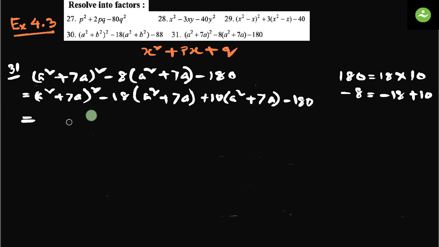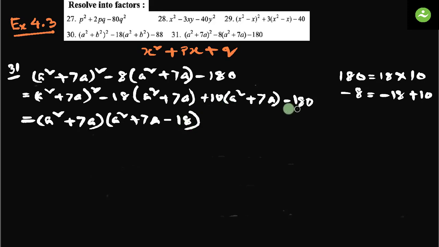What we can take common, a square plus 7a, into a square plus 7a minus 18.